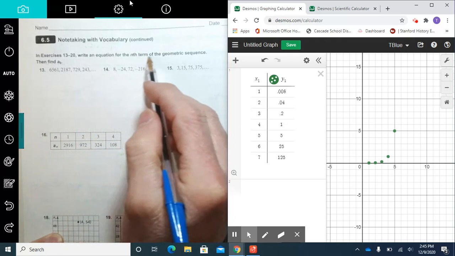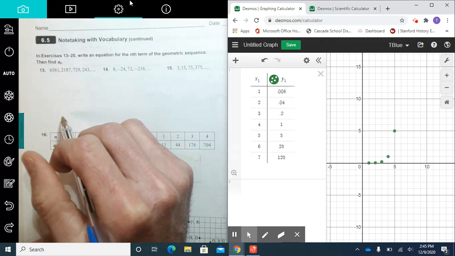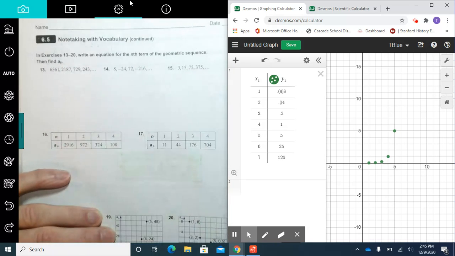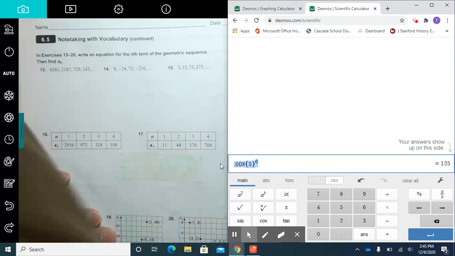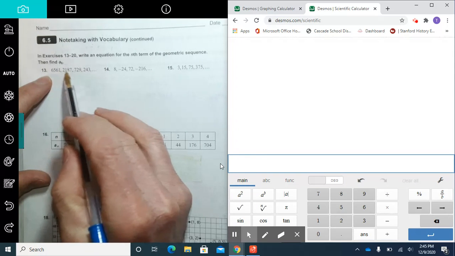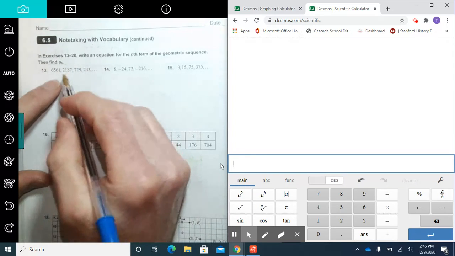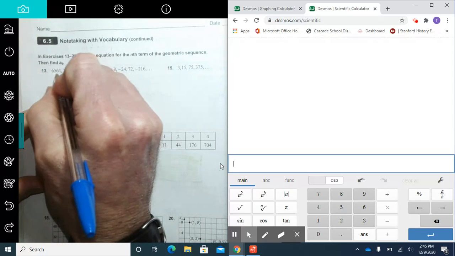Write an equation for the nth term of the geometric sequence, then find the 6th term. So, I hope this makes sense to you. To find our common ratio here, I want to divide this by that.